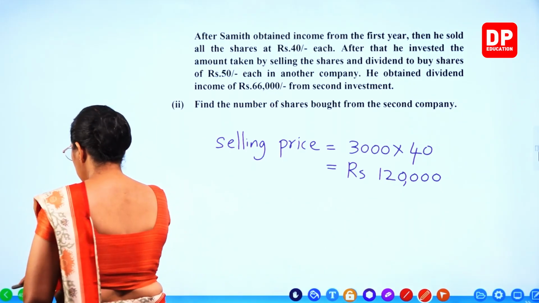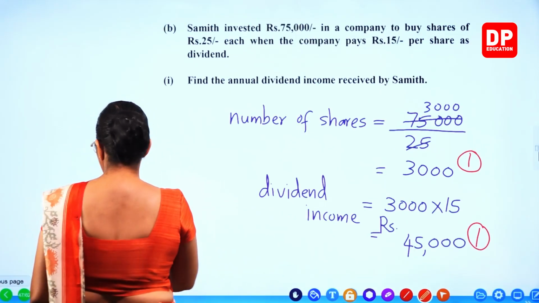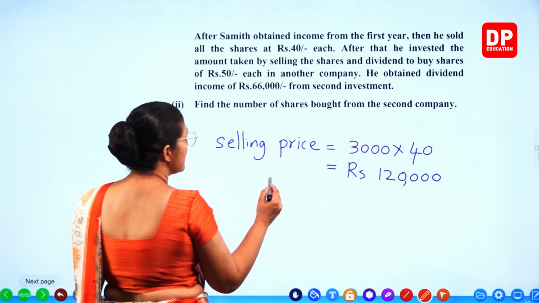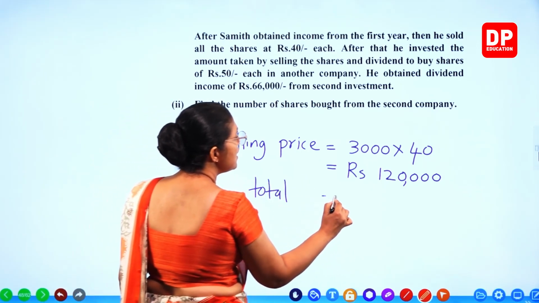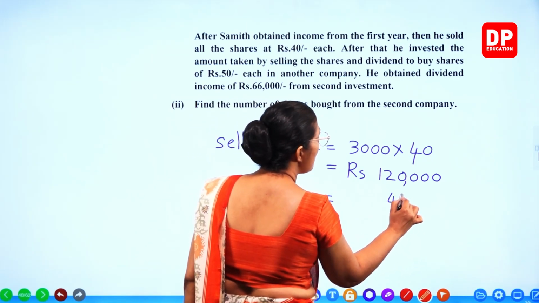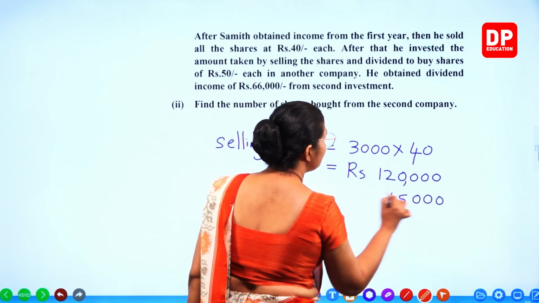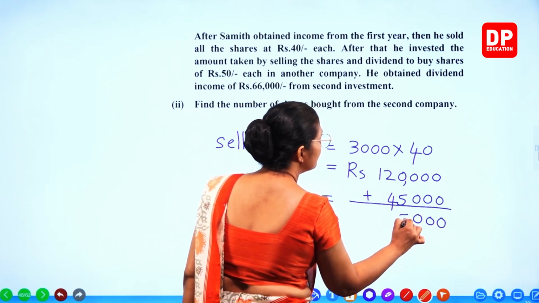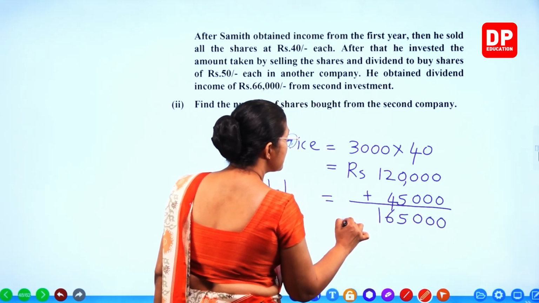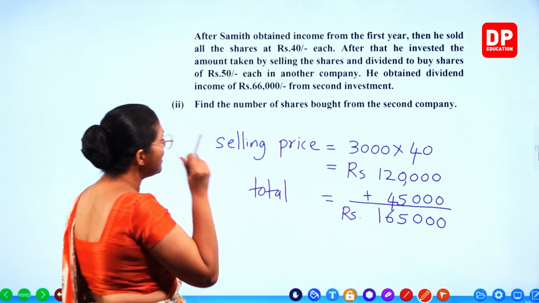And from the dividend income, he got 45,000 rupees. So for the total amount, you have to add 45,000 to this amount. 165,000 rupees is the total amount.